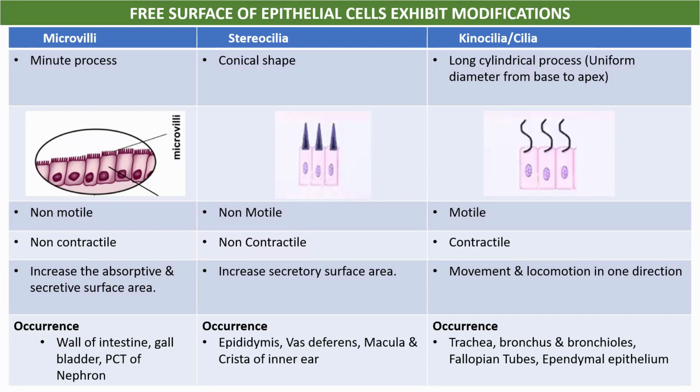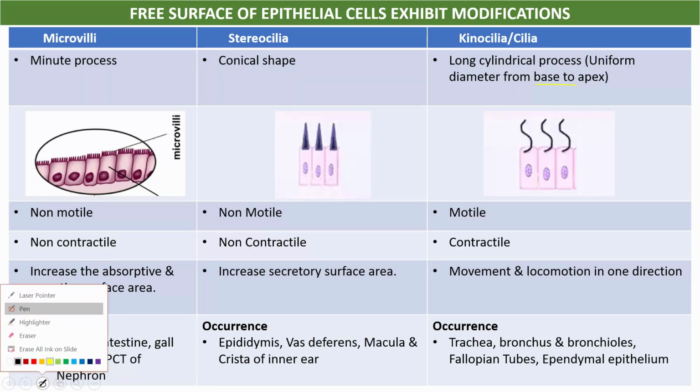The first modification is microvilli, the second is stereocilia, and the third is kinocilia or cilia. Microvilli are minute processes, stereocilia are conical in shape, and kinocilia or cilia are long cylindrical processes with uniform diameter from base to apex.